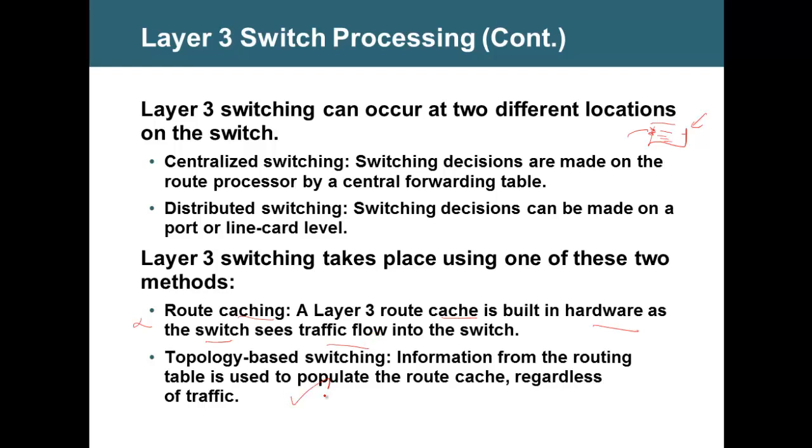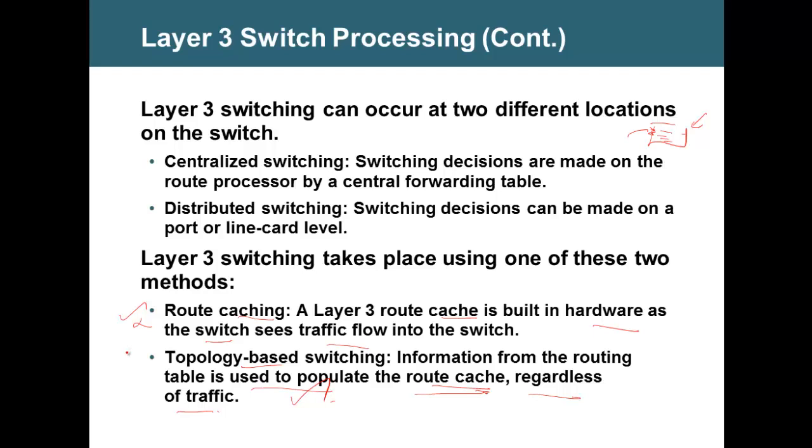And then came topology based switching. What is topology based switching? Again, the same cache. Based on the topology, the information from the routing table is used to populate the route cache regardless of traffic. So based on the routing table, the cache memory is filled. See, initially the route cache is built based on the traffic, who is going from where to where.